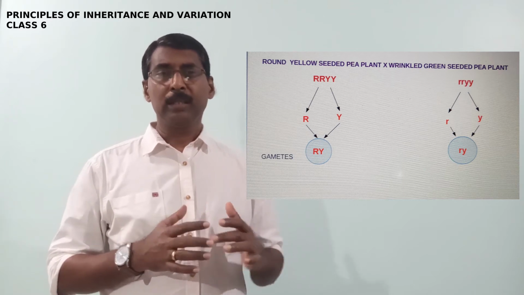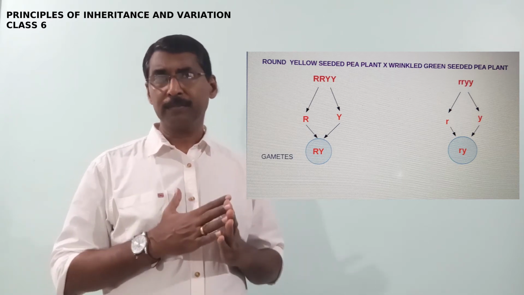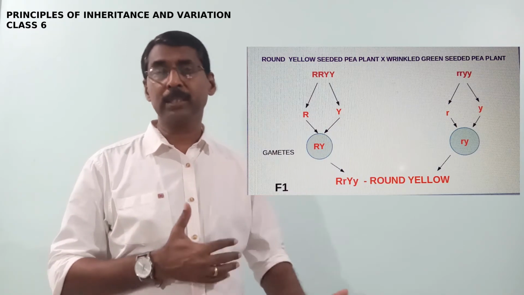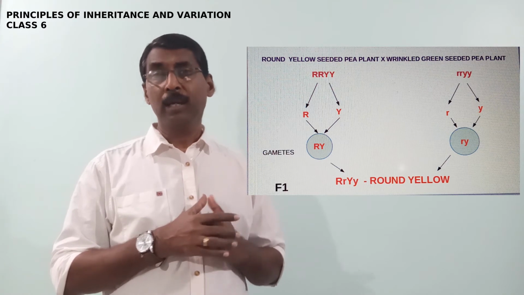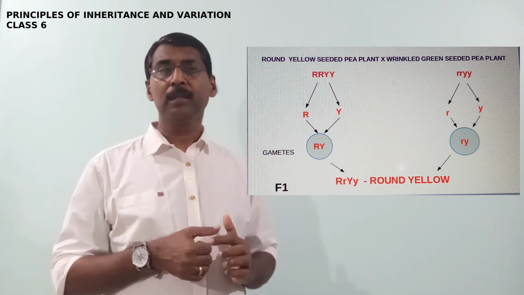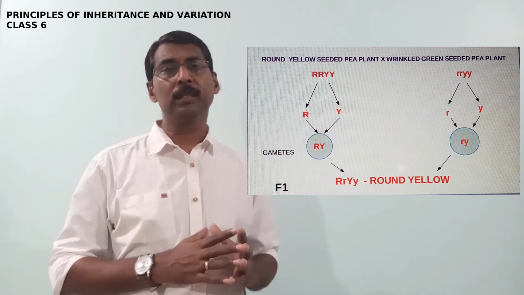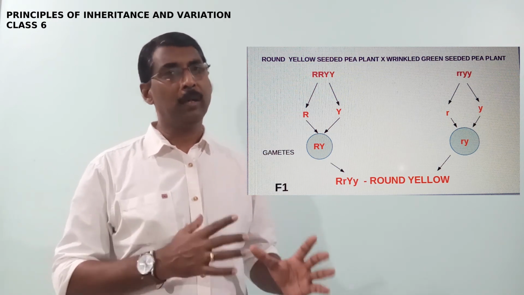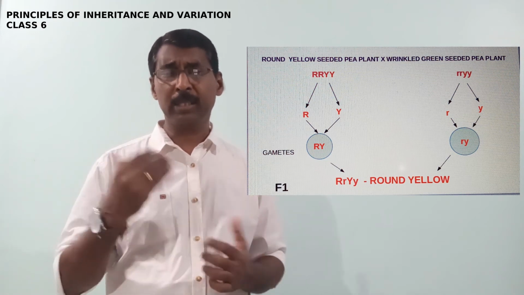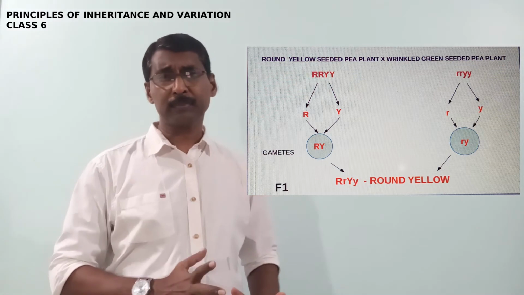So these gametes fertilize, and the new generation, the F1 generation, is formed. And in the F1, Gregor Mendel noticed that all the plants produced were round yellow. We know that this should be the case because we have already seen in the monohybrid case, the case is the same.